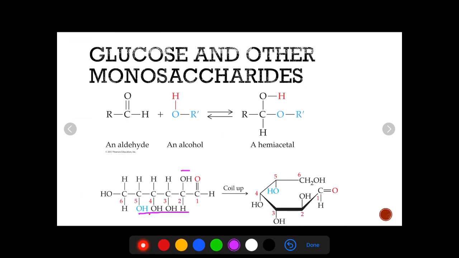This one was on the left. So if they're on the right, we're going to point them down. Okay, so you can see these are the 3 that were on the right. And then if they're on the left, they're going to point up. Okay, so that's how you would draw the Haworth structure.